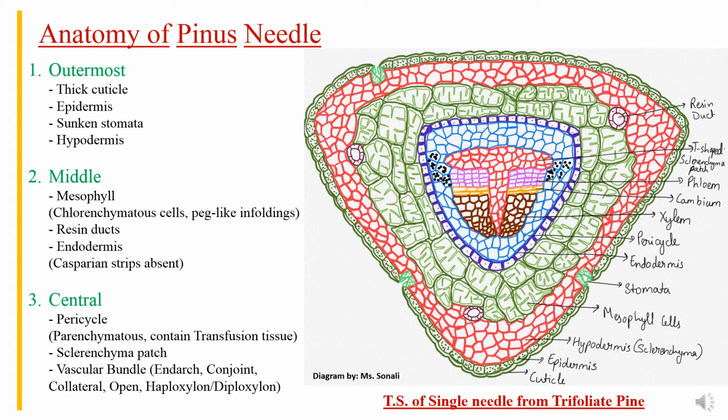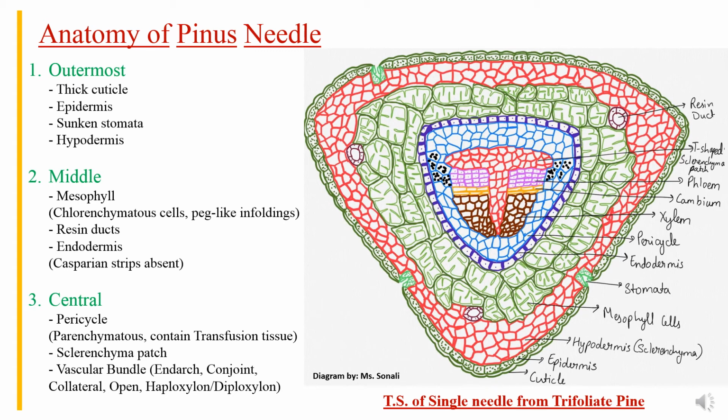Now, the number of vascular bundles in a needle varies from species to species. Basically, two types are present: haploxylon and diploxylon. In haploxylon, a single vascular bundle is present and is surrounded by sclerenchyma cells, whereas in diploxylon, two vascular bundles are present, and in between them, sclerenchyma cells are present as a T-shaped patch.